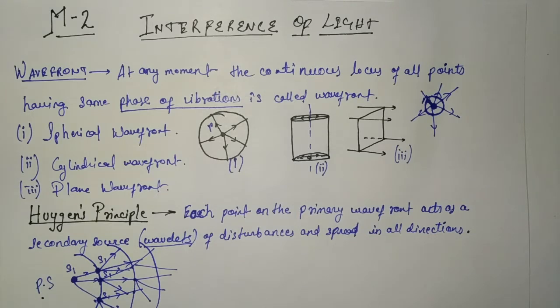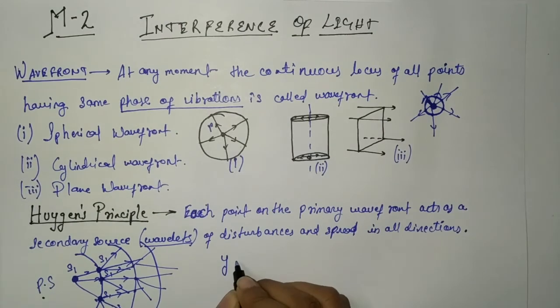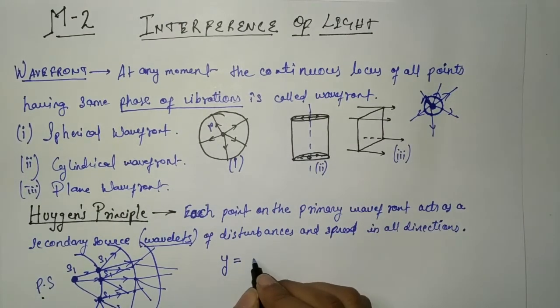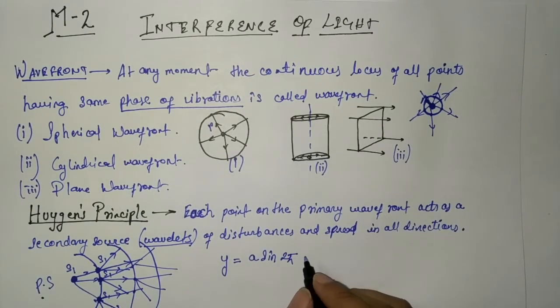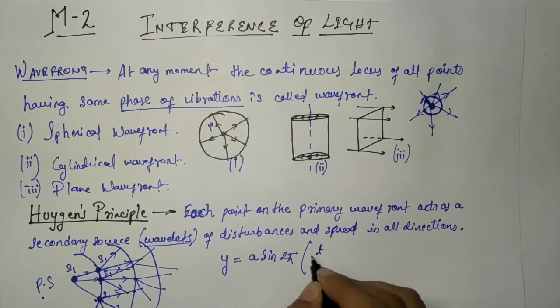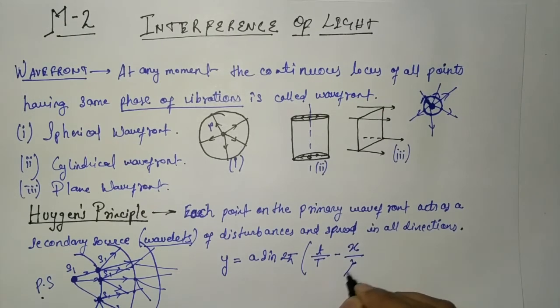We can also define a new term here, that is wave train. So, what is wave train? A wave train implies the continuous transfer of energy in the medium from the source of light energy. We can define it by the equation of a simple harmonic motion. That is, we can write y equal to a sine of 2 pi multiplied by small t by capital T minus x by lambda.